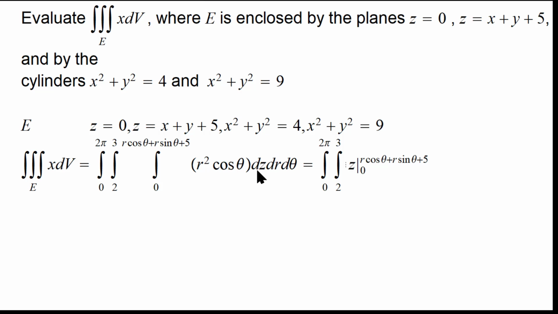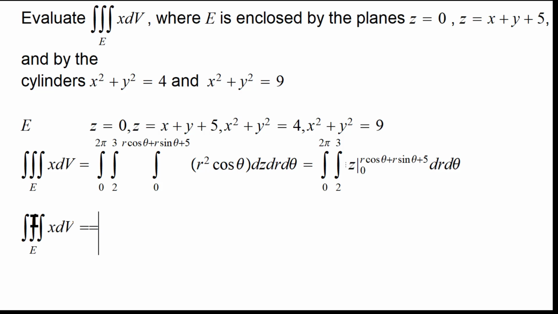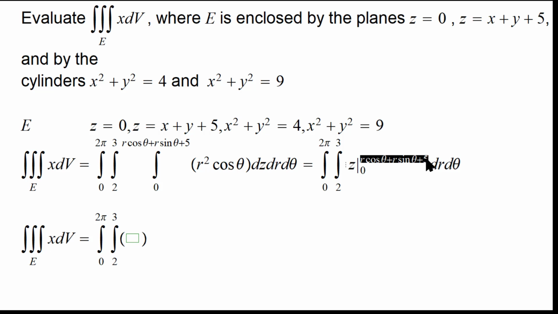Which will keep things easy. And then we get simply dr d theta. So the quantity to be evaluated will become this, right? And then we got r cosine theta plus r sine theta plus 5, right?